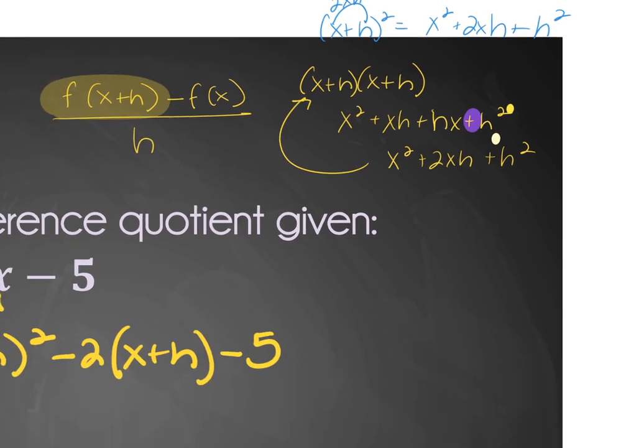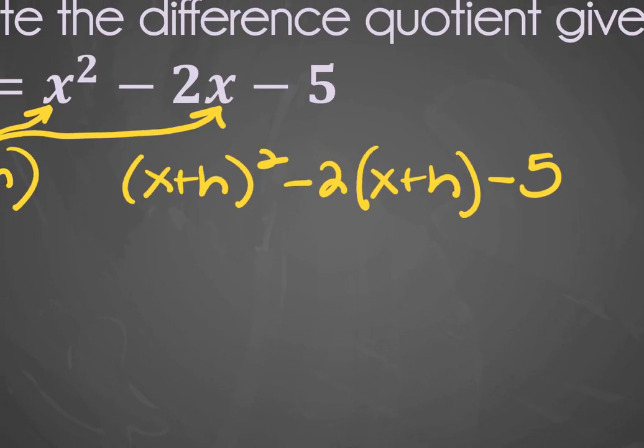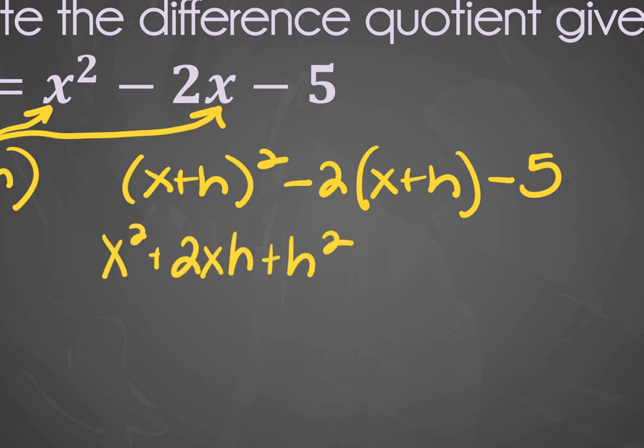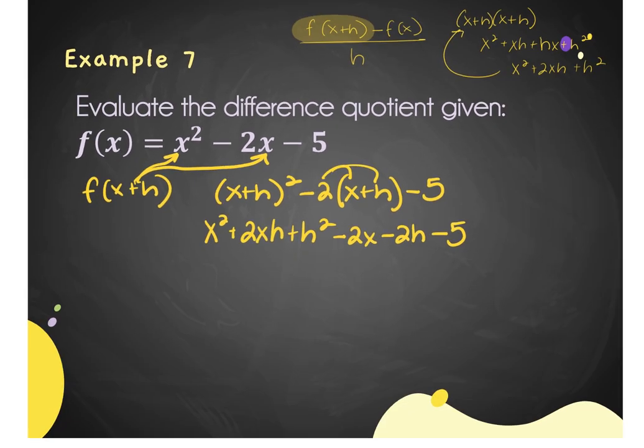So x plus h squared becomes x squared plus 2xh plus h squared. Then I'm going to distribute the negative 2, minus 2x minus 2h minus 5. That whole thing is f of x plus h.